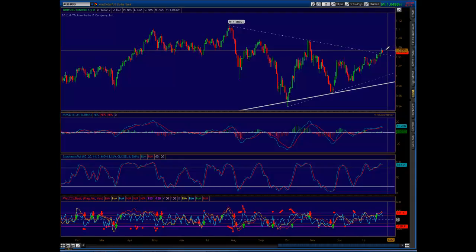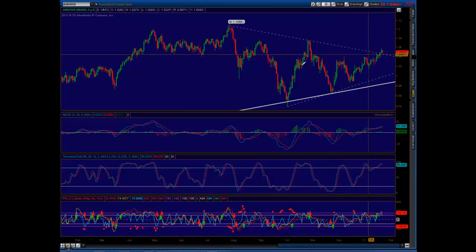Again, this is the daily, so we're probably going to do a couple more days of consolidation. Right now, this red candle is the overnight trading, so I would be looking for a backtest to this downtrend line, which also coincides with a couple of days of consolidation for the US dollar index, which we were just looking at, before it breaks down.